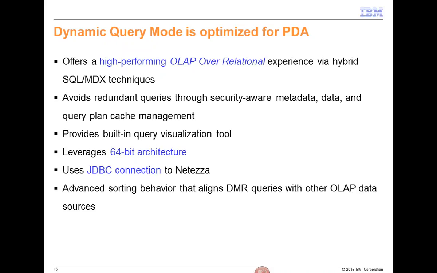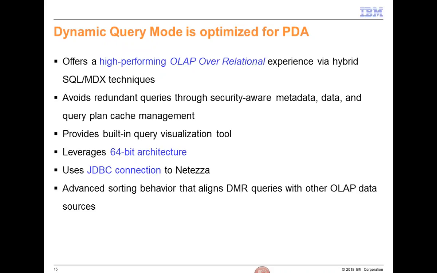As you drill down to the level of detail, your metadata layer is sending MDX back and forth to the databases. If it's a relational database, it gets converted into relational SQL that hits the database and comes back up, gets converted back into MDX, and then goes back up to your report.